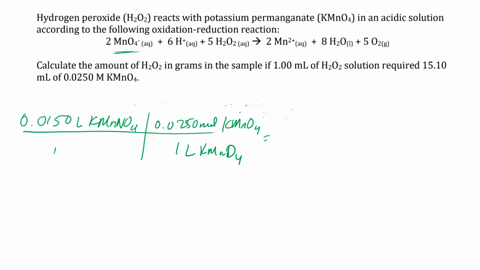This will give us the moles, but make sure your volume is in liters when you're doing this. So I got 3.75 times 10 to the negative 4 moles KMnO4.